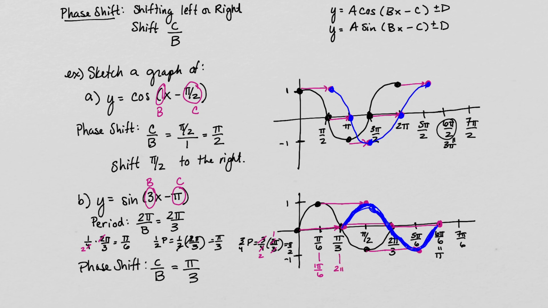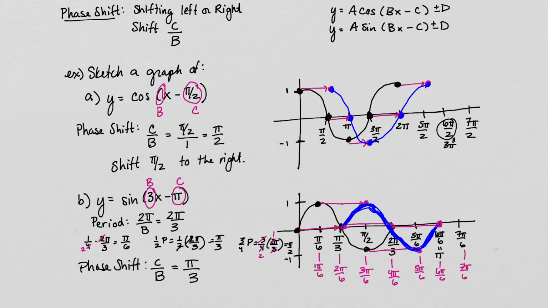This is 2 pi over 6s, which reduces to pi over 3. This is 3 pi over 6s, which reduces to pi over 2. This is 4 pi over 6s, which reduces to 2 pi over 3. And then 5 pi over 6s, 6 pi over 6s, 7 pi over 6s.